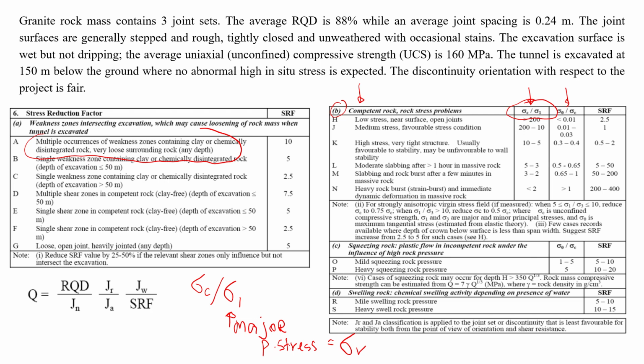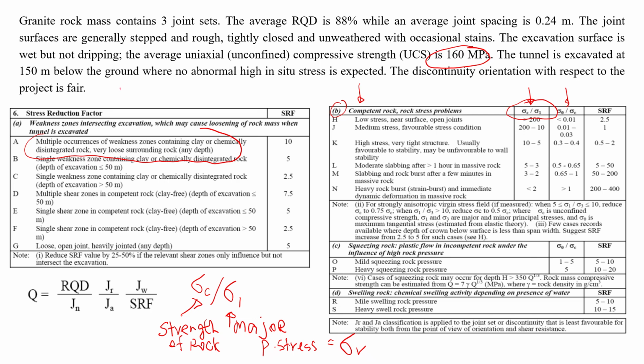And this one, sigma c, is the strength of rock. We are given that the strength of rock is 160 MPa.